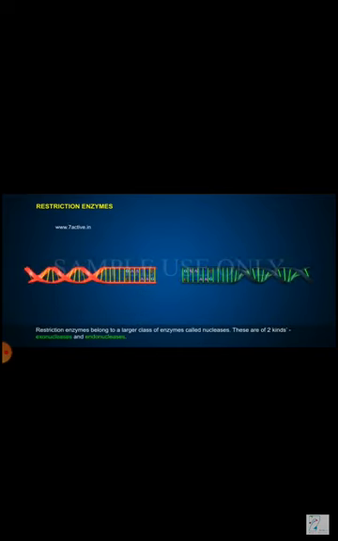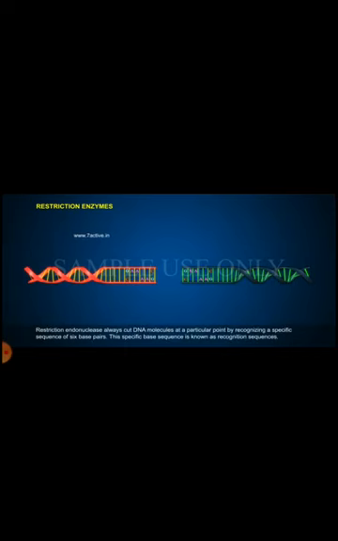Restriction enzymes belong to a larger class of enzymes called nucleases. These are of two kinds, exonucleases and endonucleases. Exonucleases remove nucleotides from the ends of the DNA, whereas endonucleases may cut at specific positions within the DNA.